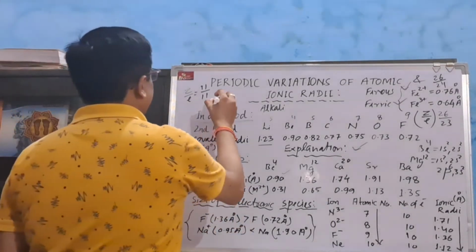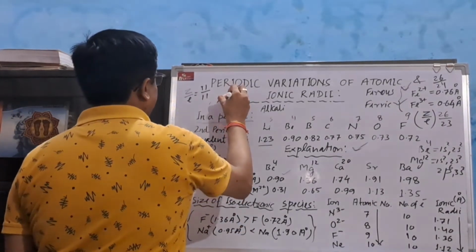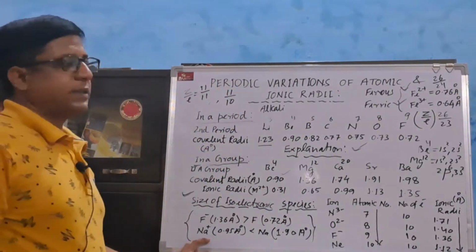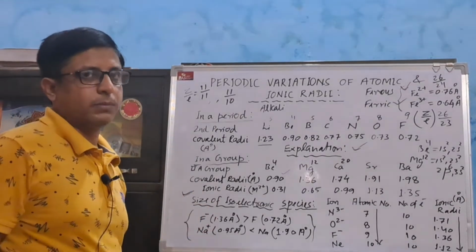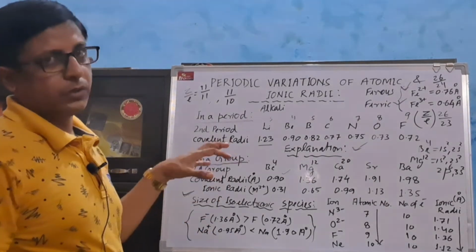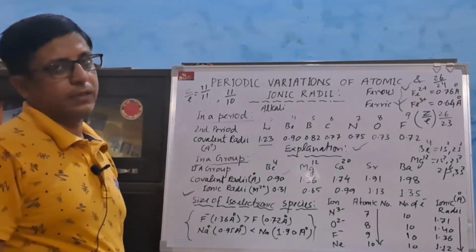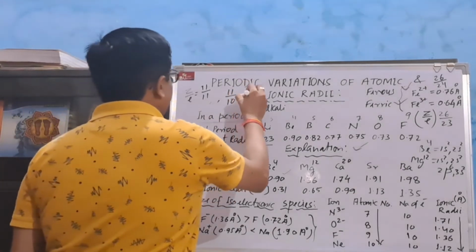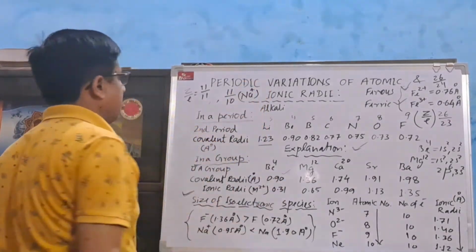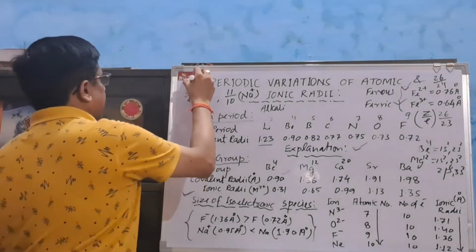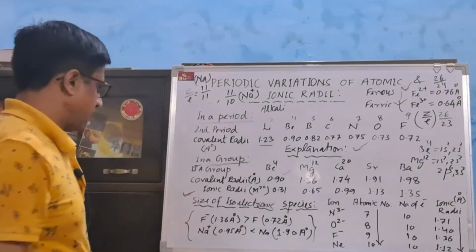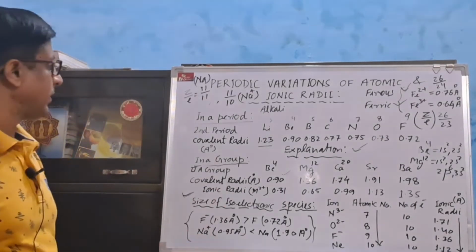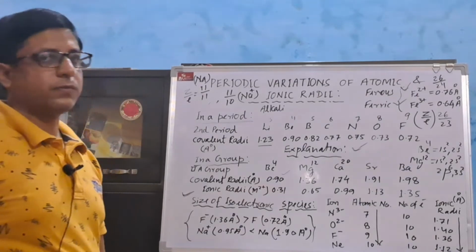But in case of sodium ion, atomic number is 11, but the number of electrons is 10. Sodium ion is formed by the removal of one electron from its outermost shell. Therefore, in case of sodium ion, Z upon E ratio is larger than sodium atom. Therefore, the size of sodium ion is much smaller than the size of sodium atom.